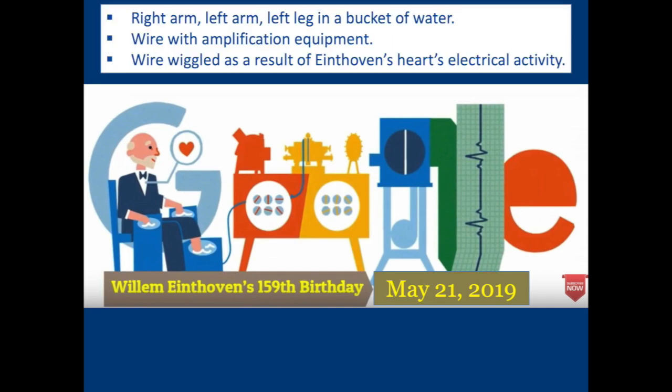In that picture from Google you will see that his right arm, his left arm, and his left leg are in a bucket of water, and there are wires from each of those three areas.